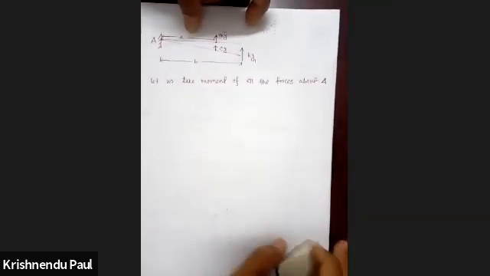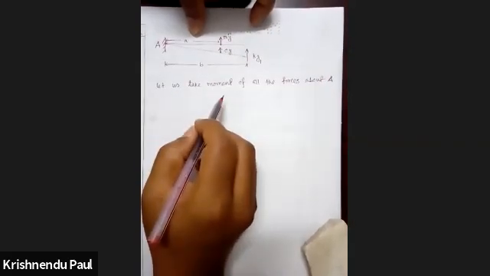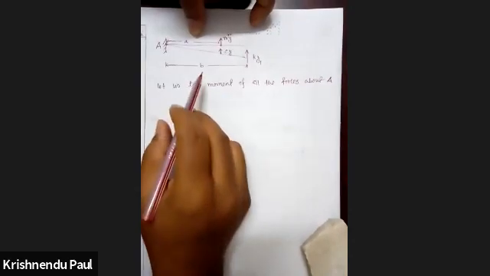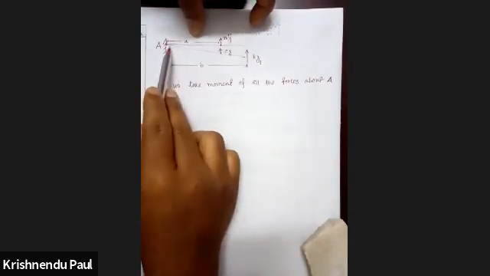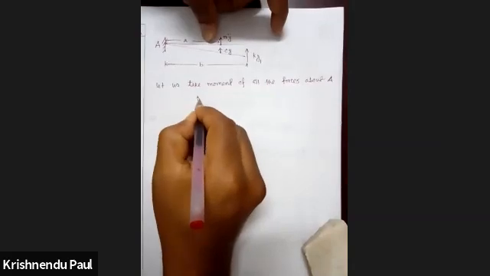Now, let us take moment of all the forces about A. Okay, because about A, this bar can freely rotate, so that moment will be equal to 0.